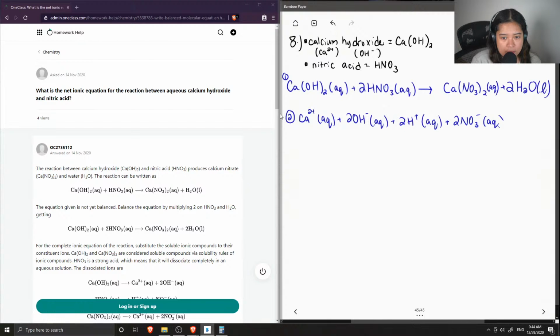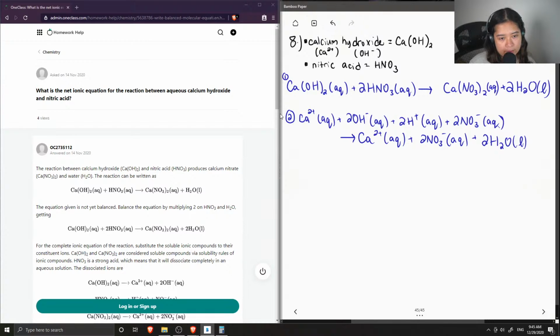So this is just our reactants. And now we write our products down here. 2 calcium ions plus 2 nitrate ions. And water is the only thing that stays as is, since it is a liquid.